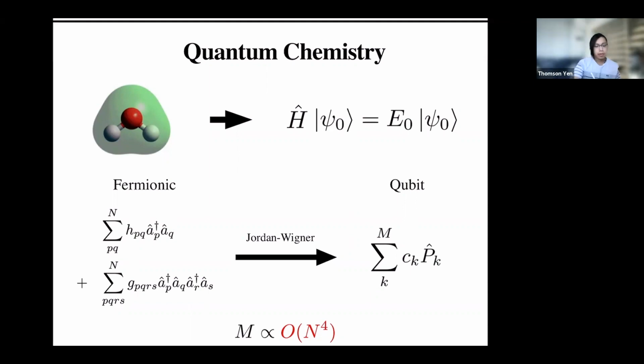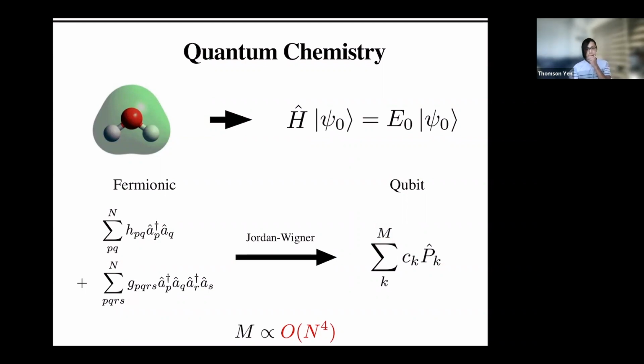So the number of these Pauli operators, let's denote it N. We know that N scales with n to the 4, where n is the number of orbitals you chose to represent your Hamiltonian. And we know that because you could look at the g_pqrs term, and all 4 indices go up from 1 to n, so you would at most have n to the 4 terms.